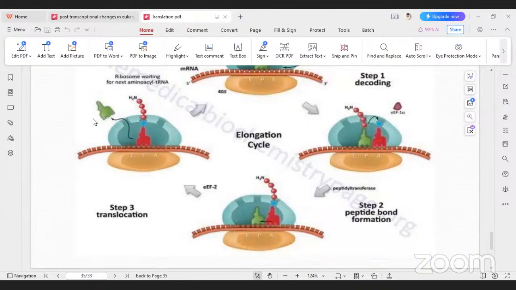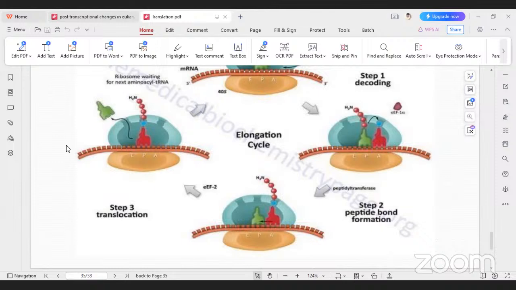Now the first tRNA is separated. Later the A site tRNA shifts to the P site. Now what happens to the P site tRNA? It reaches the E site, exit site. From the exit site it exits out. Hello?